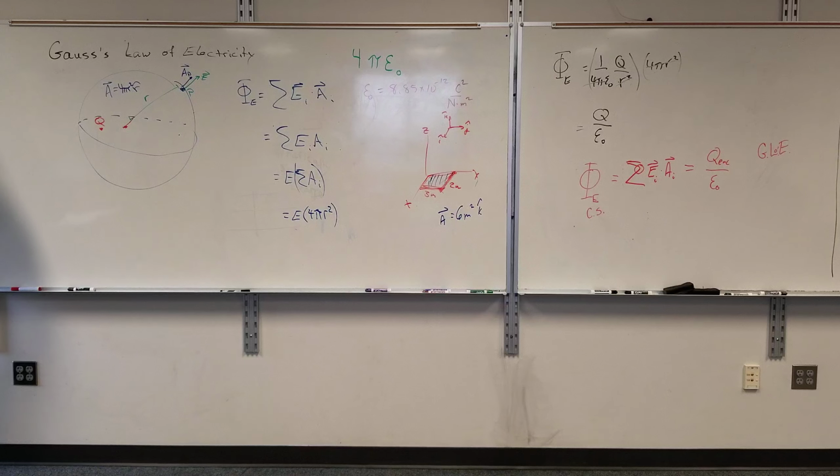What's the electric flux through the surface now? It's not the same throughout now. It's no longer symmetric. The electric field at any point on the surface is no longer the same magnitude.